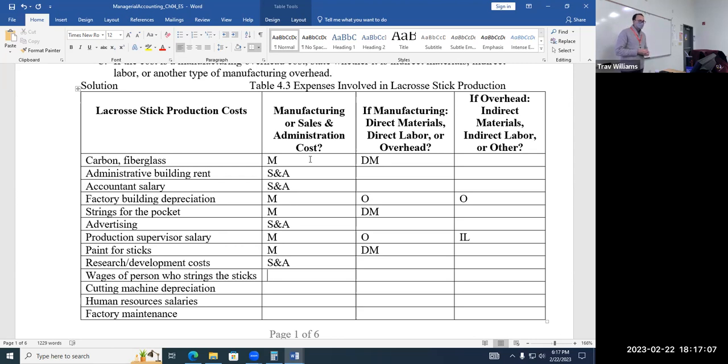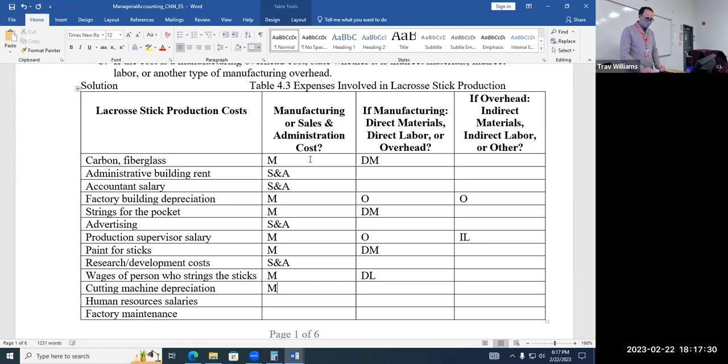The wages of the person who strings the sticks. Is that manufacturing? Yeah. Is it direct materials, direct labor, or overhead? Direct labor, correct. Okay, depreciation on the cutting machine. That would be manufacturing.